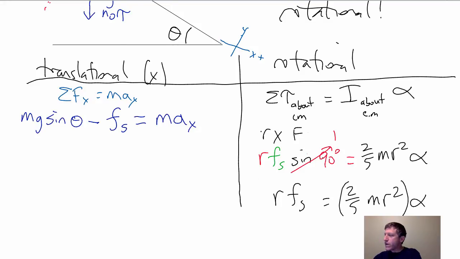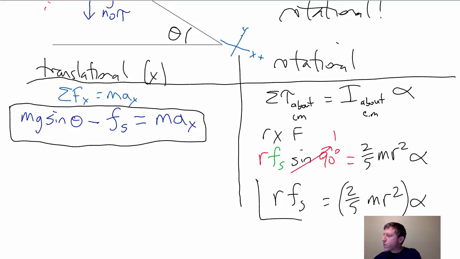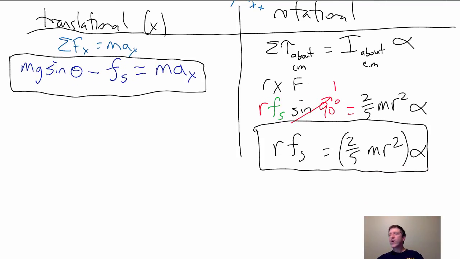Now I've got this equation right here, and I've got this equation right here. Now, there are too many variables to solve this, but the good news is that we can interrelate translational and rotational motion. So I'm going to put that in the middle here, because really, this will interrelate the two. In fact, ax will equal, and that's the same as the tangential acceleration, ax will equal R alpha.